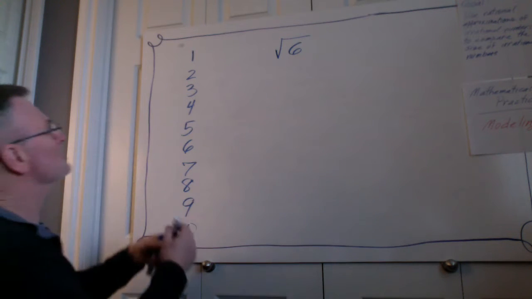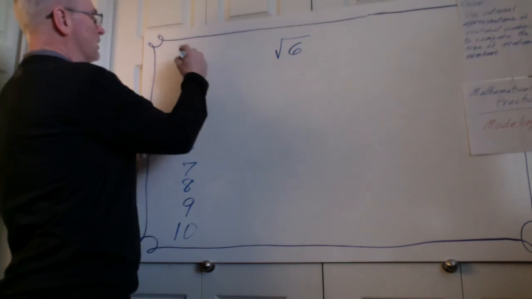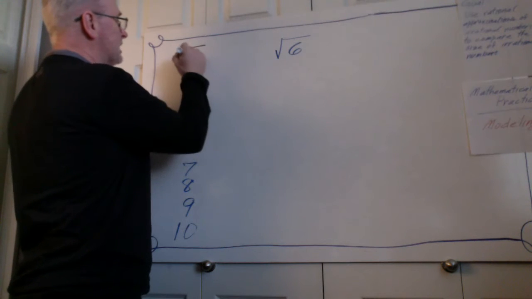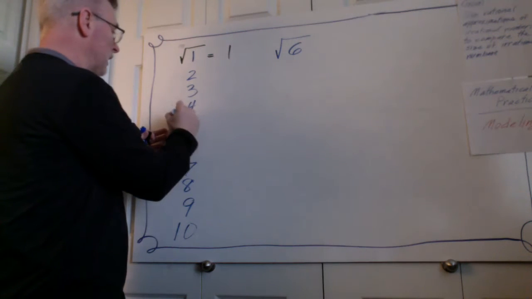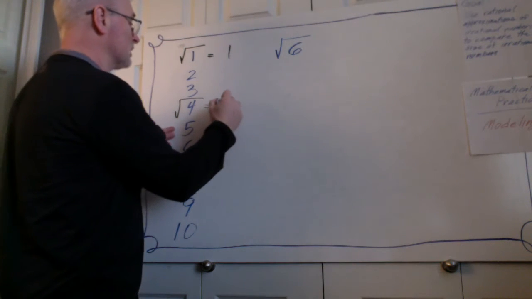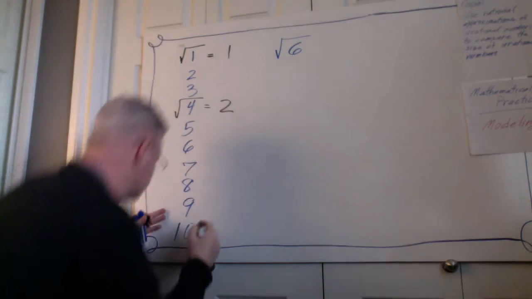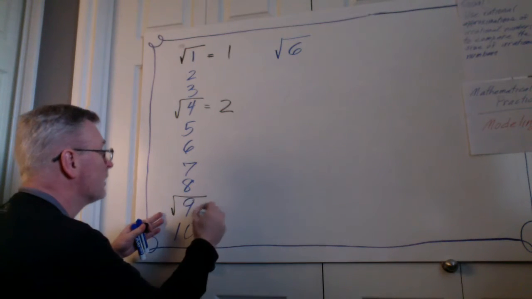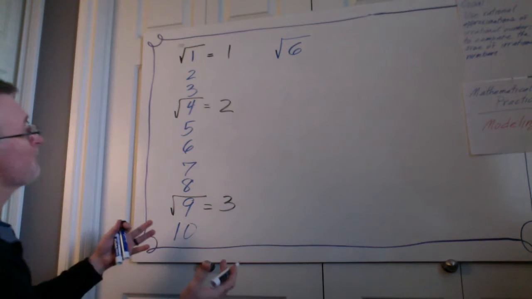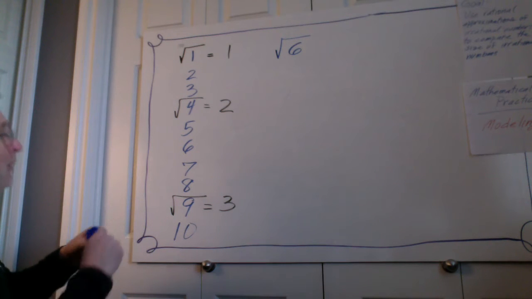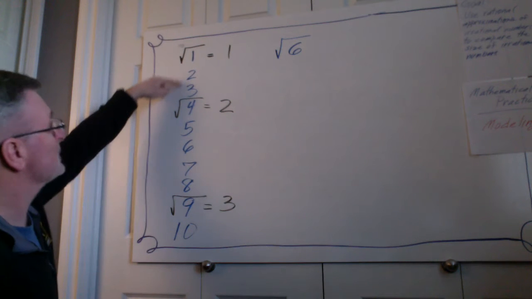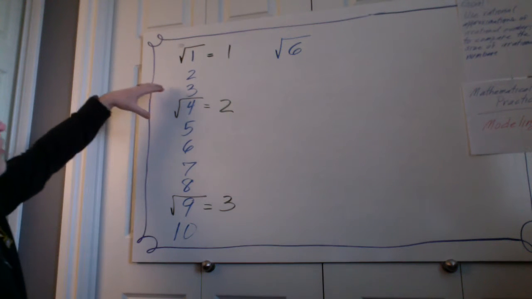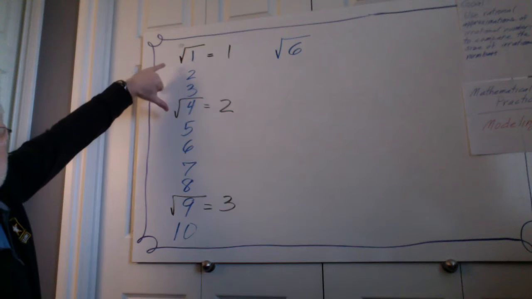So let's mark the ones that we know. I know that the square root of 1 is 1. And I know that the square root of 4 is 2. And I know the square root of 9 is 3. So if we look at this, there are 2 numbers here that are between the square root of 1 and square root of 4.